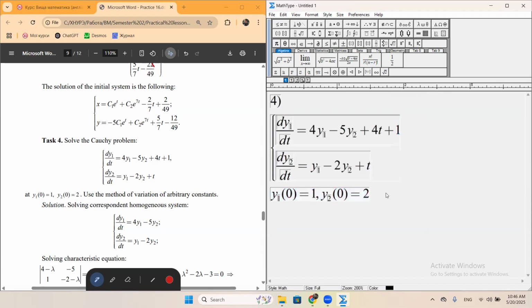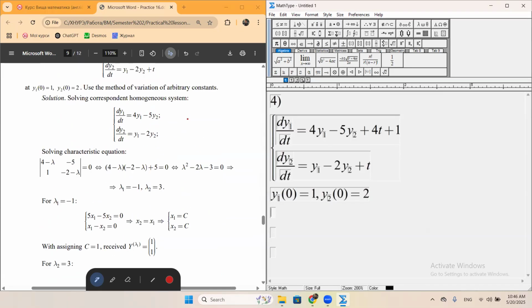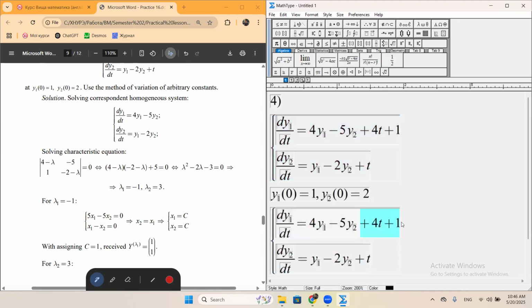So here we will use the method of variation of arbitrary constants. So first of all, let us solve the homogeneous system. We can use any method, and here the Euler method is performed.